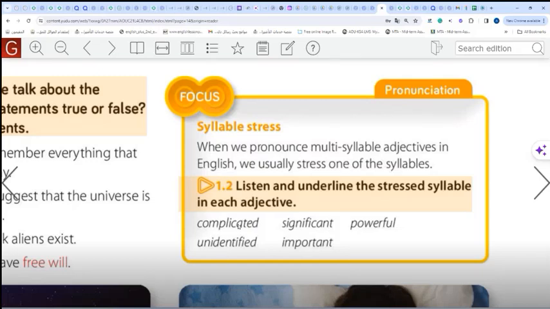Okay, which means that when you say a multi-syllable adjective, you could notice that there is one strong syllable. One of the syllables is pronounced more strongly than the other syllables. Is that right? When I say, for example, complicated.